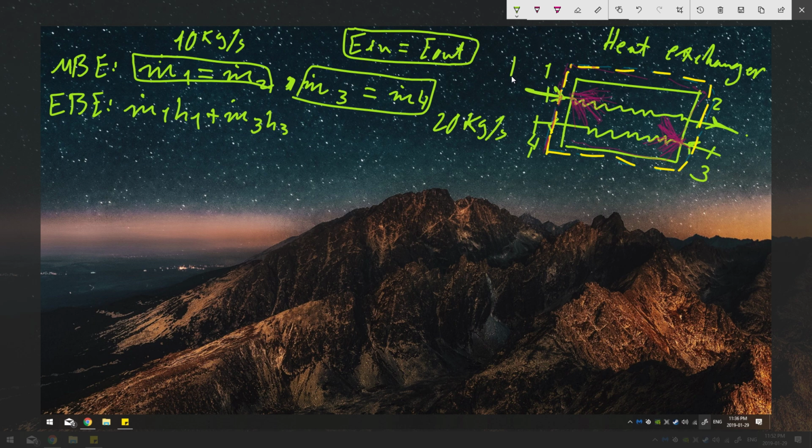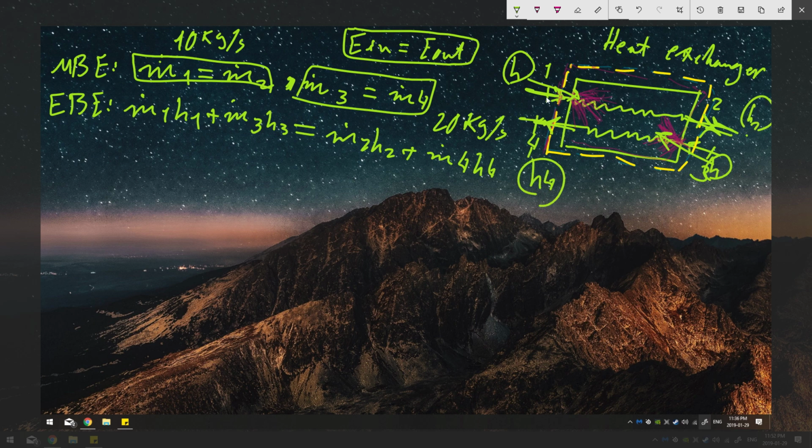There's an H1 enthalpy here coming into the system, and there's enthalpy here coming into the system, right? So that's all I care about when it comes to the inputs. Those are the only two inputs, right? So put an equal sign. What about the outputs? M2H2 plus M4H4, right? Pretty straightforward. That's the output. Output H2, output H4, right? Here it's 1, and here it's 3.